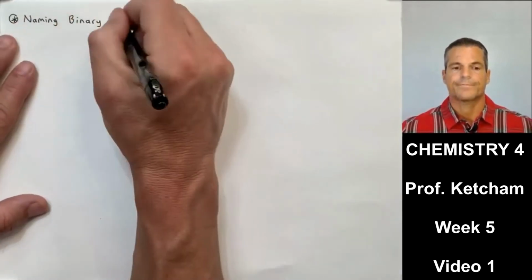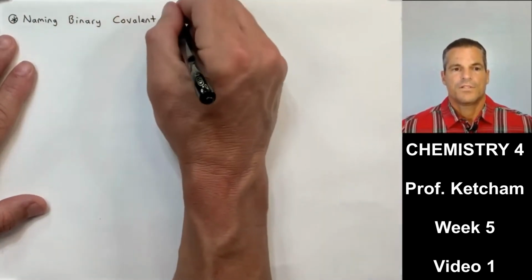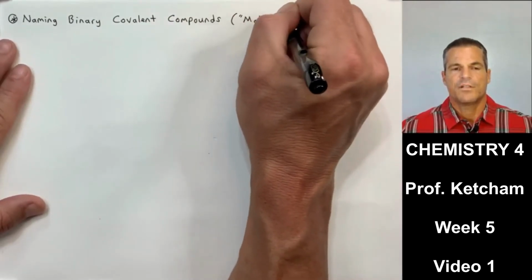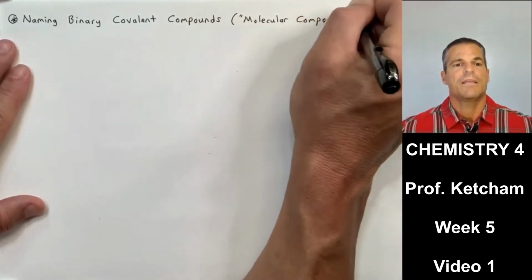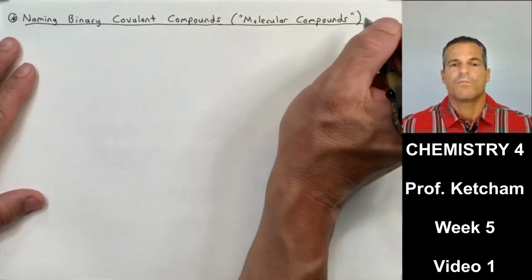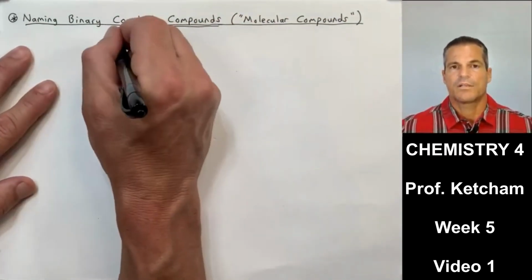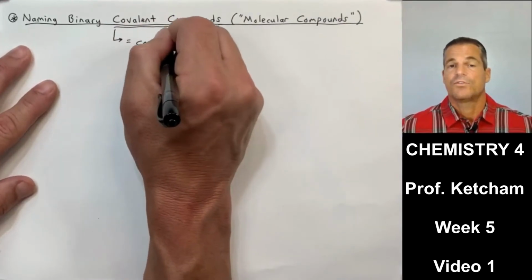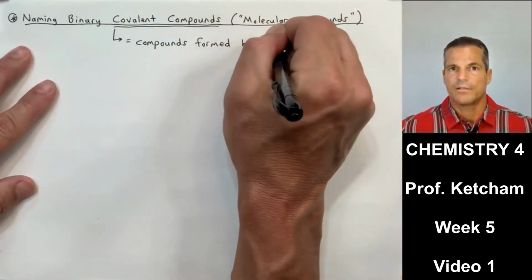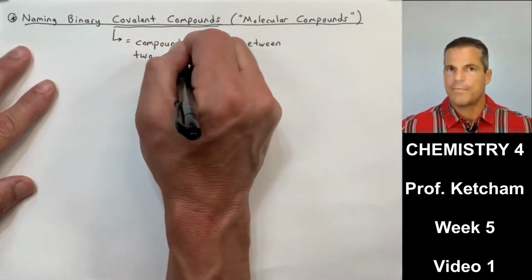All right? Next page of our notes here, it starts off by saying naming binary, that means two, covalent compounds. These will be compounds having two elements in them, and because they're covalent compounds, it's not going to be metal-nonmetal.